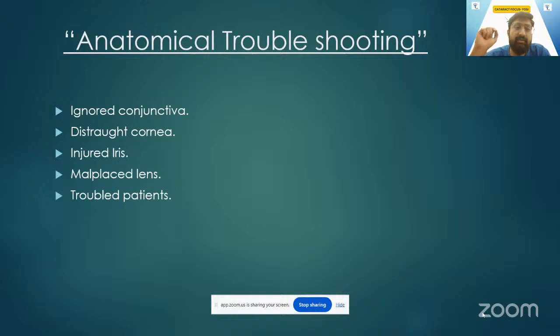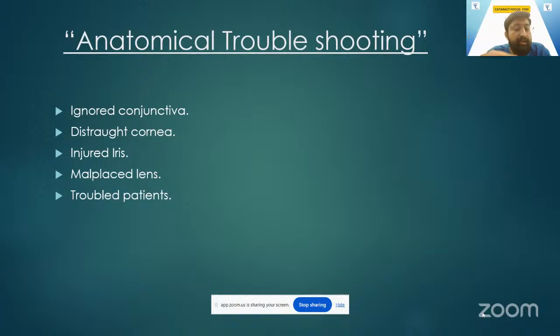Injured iris is one of the most common things that happen whenever your incisions go bad, whether in terms of site, length, or location. It is the same for SICS as well as phacoemulsification. If you do a premature entry, that's of course for the sclera, but these are all incisions we talk about.